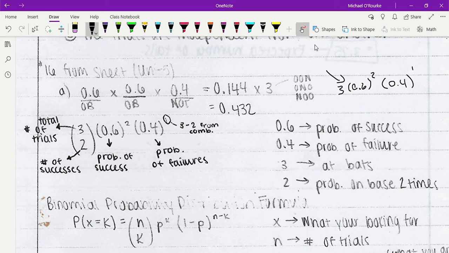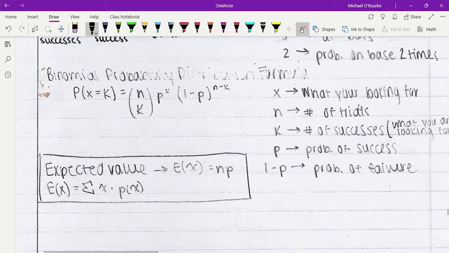That 3 is 3 choose 2. Can you type this in your calculator by doing 3 C 2 times 0.6 squared? Yep, you would get the same answer.